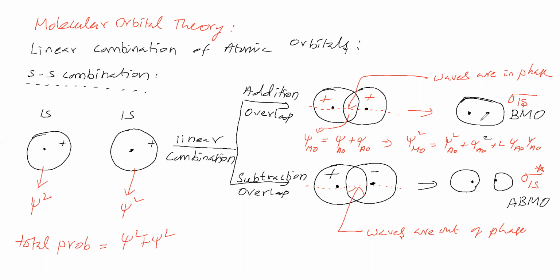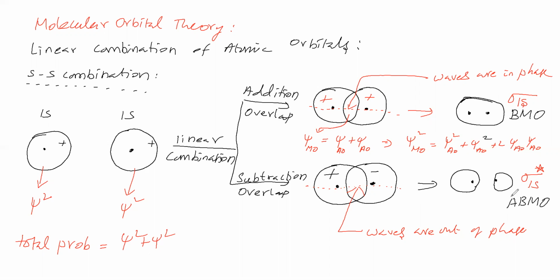In this molecular orbital, the probability is chi square plus 2 into chi. Now you see that the probability in this molecular orbital is more than this total probability. Therefore, this molecular orbital is favorable for bonding, so it is called a bonding molecular orbital.